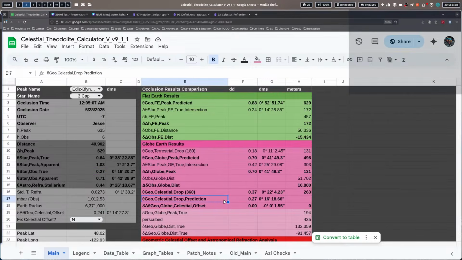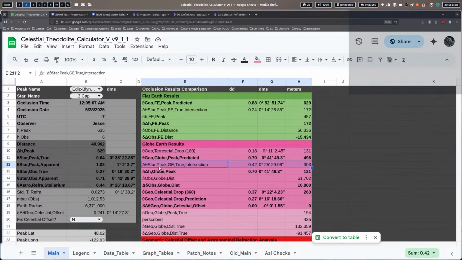Hang on. The offset. Oh, there it is. There's their offset.